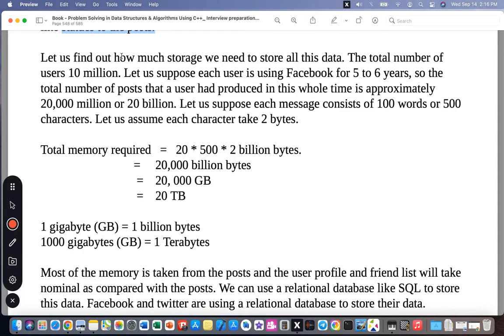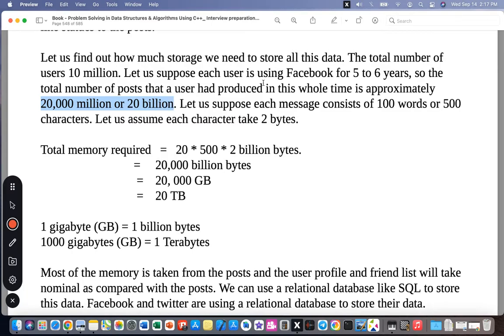Let us find out how much storage we need to store all this data. The total number of users is 10 million. Let us suppose that each user is using Facebook for 5 to 6 years. So the total number of posts that users have produced in this whole time is approximately 20,000 million, or 20 billion.